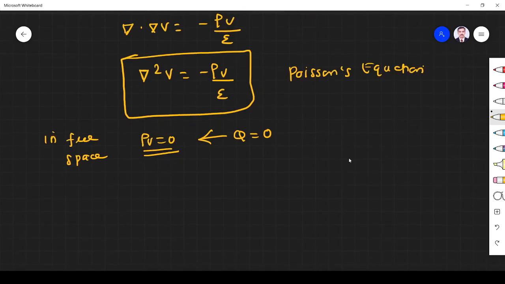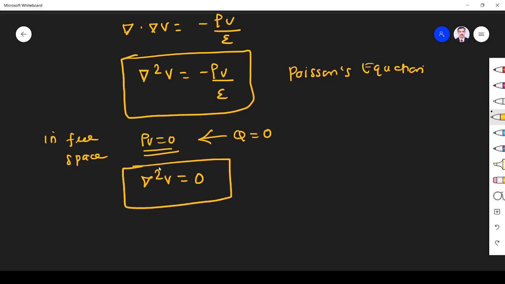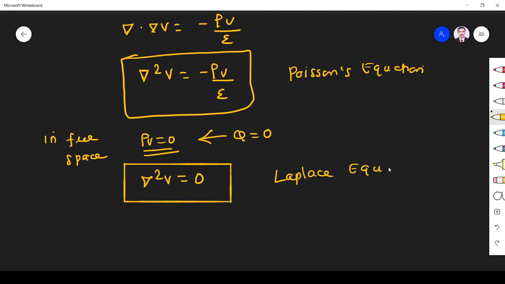What happens to the equation? The equation becomes del squared V is equal to 0. This equation is known as the Laplace equation. Right? So this is the derivation for both Laplace and Poisson's equations.